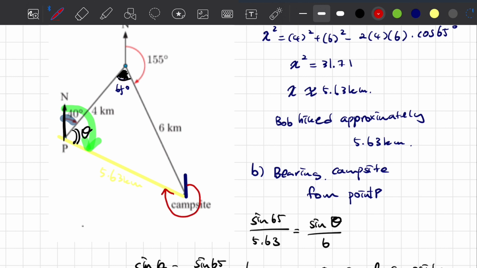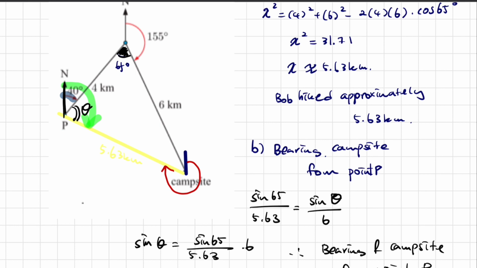We already know that this angle is 25 degrees, because these two create parallel lines. The angle here, 25 degrees, calculated in question A, is the same as the angle here.